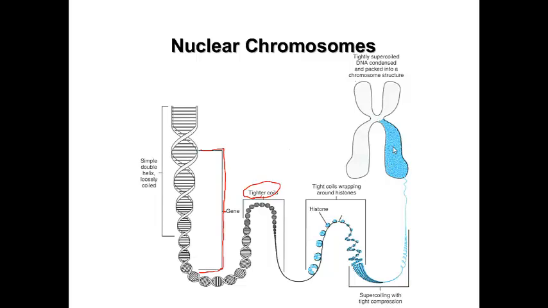And mind you, this is an absolutely incomprehensibly large amount of DNA being condensed within this huge structure right here, which is what we refer to as a traditional representation of the chromosome.